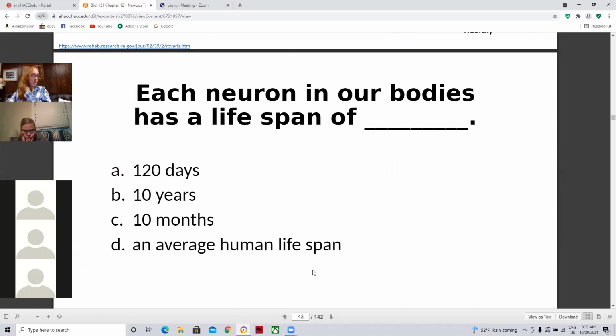Each neuron in our body has a lifespan of how long? Someone tell me.